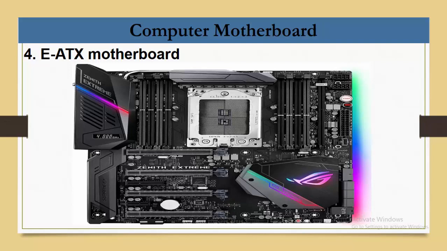An EATX motherboard is shown in the figure, as I'm sure you are seeing that. An EATX motherboard measures 12 by 10.9 inches or 30.5 by 27.7 centimeters in dimension, which is the biggest among the four types I mentioned, having more weight, which is due to increased slots.